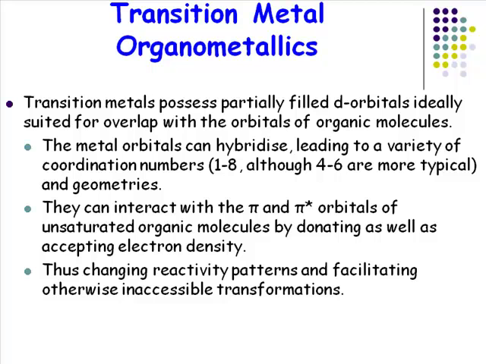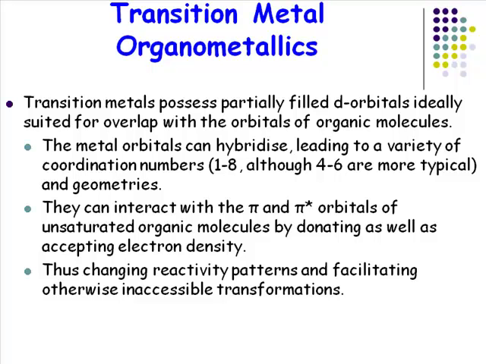And of course, if you think about this very quickly, if you have electron density being donated from your ligand to the metal in the first instance, what you are doing is decreasing electron density on your ligand. If you decrease electron density on your ligand, then you are going to make it more attractive for nucleophilic reagents. So if you make your ligand more positively charged, it is more likely to be attacked by nucleophilic reagents.